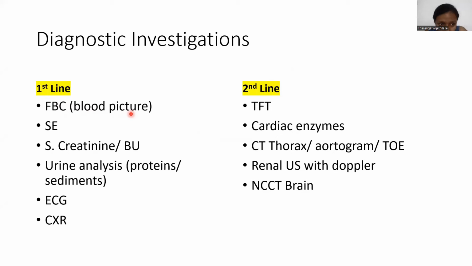That's not a common thing to see, but if your patient has symptoms suggesting that, you must order the blood picture as well. Then serum electrolytes, very important in our setting because chronic renal failure is quite prevalent, and you see patients presenting with acute on chronic renal failure. So renal functions are important.